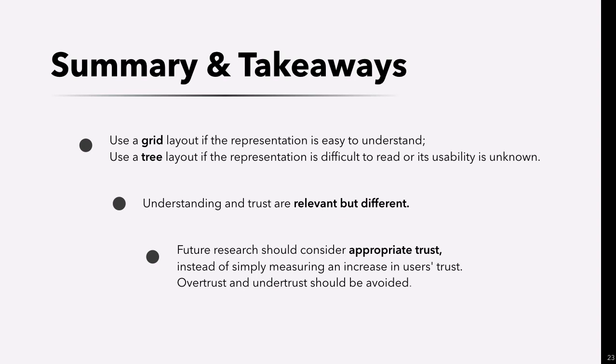And last, we definitely recommend future research considering appropriate trust instead of simply measuring an increase in users' trust. Overtrust and undertrust should be avoided when investigating users' trust in machine learning.